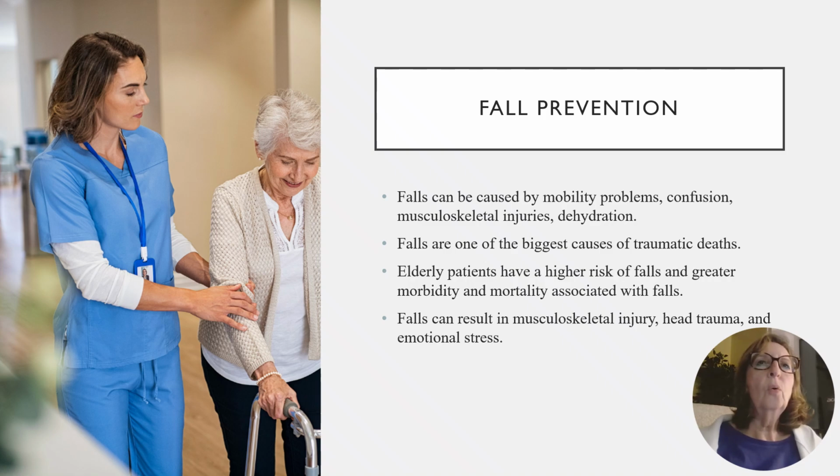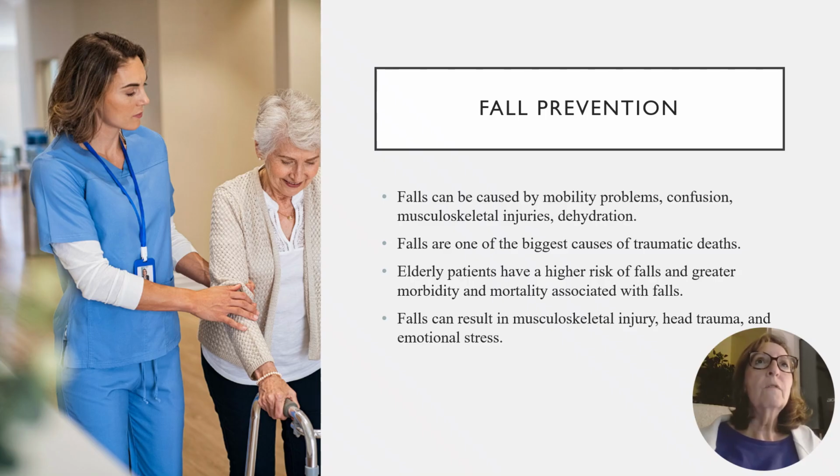As our patients get older, we need to be more aware of the fact that they are at a higher risk for falls for a lot of different reasons. They are developing some problems with their mobility. They might be confused. They might have some musculoskeletal injuries, or they may be dehydrated. So we need to be very, very aware of this with our older patients.